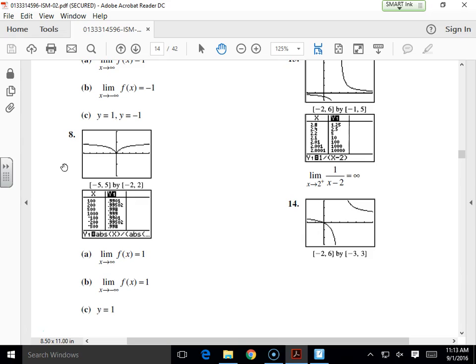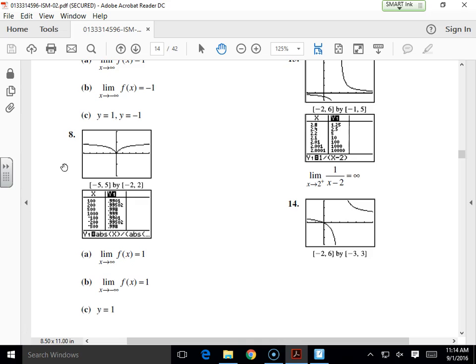It's a horizontal asymptote at y equals 1. But it just said to find the two limits. It didn't say don't find more than two limits. Number 8 says A, find the limit to infinity, B is to negative infinity, C is identify horizontal asymptotes. Oh, whoops. I guess I missed that part.